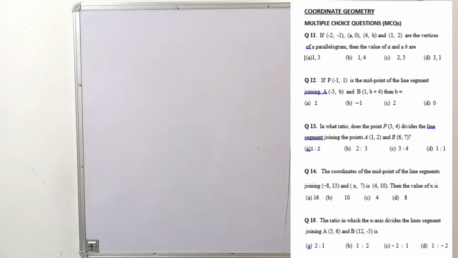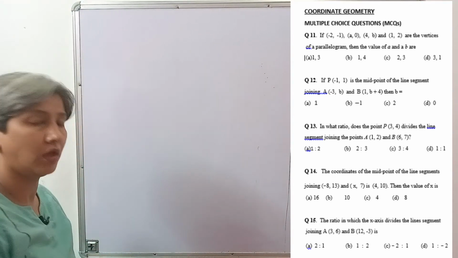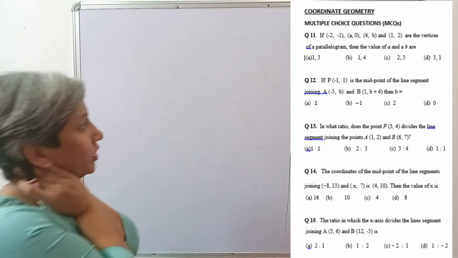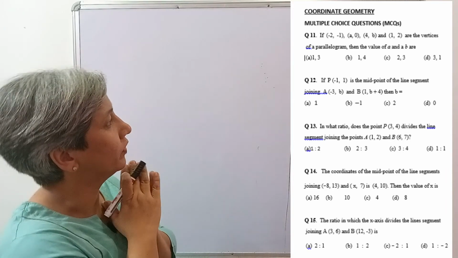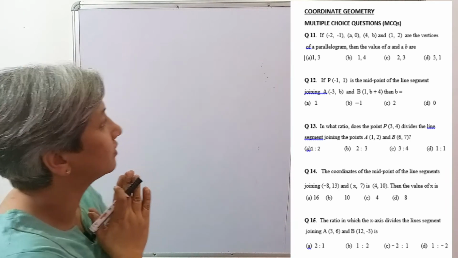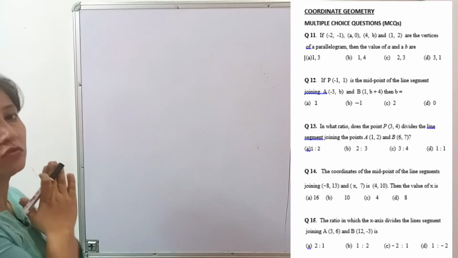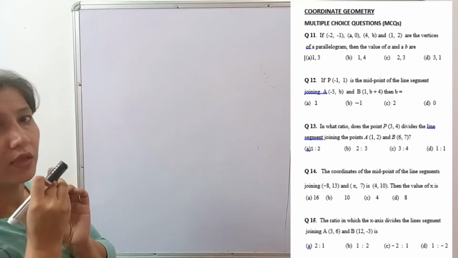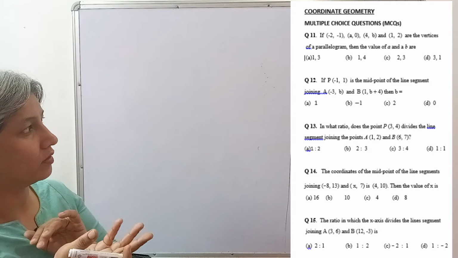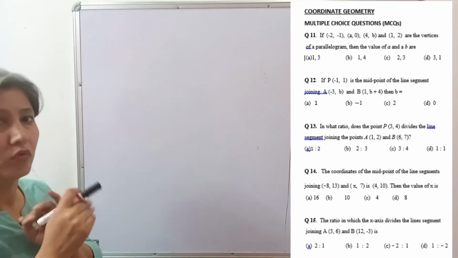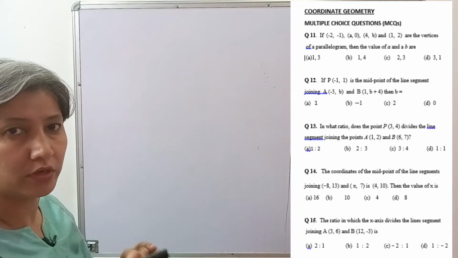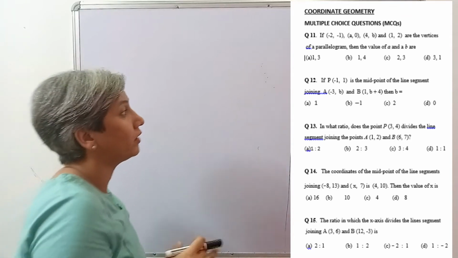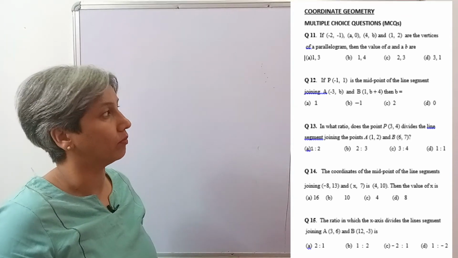Question number 11. So kids, let's do question number 11th. Right? It says if minus 2 minus 1, a0, 4 minus b, and 1 2, 4 points, coordinates of 4 points are given, are the vertices of a parallelogram.